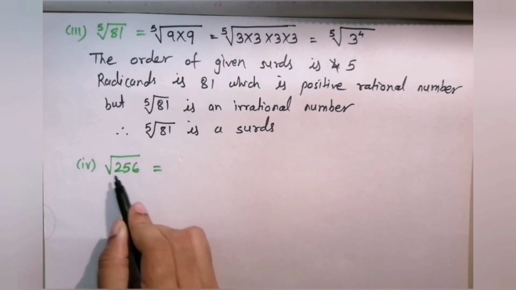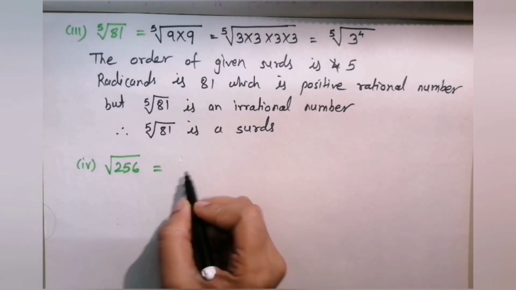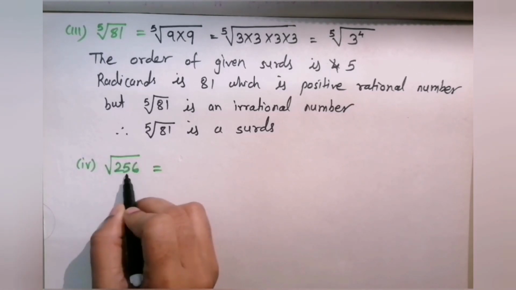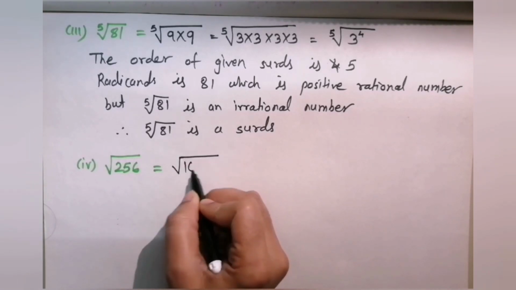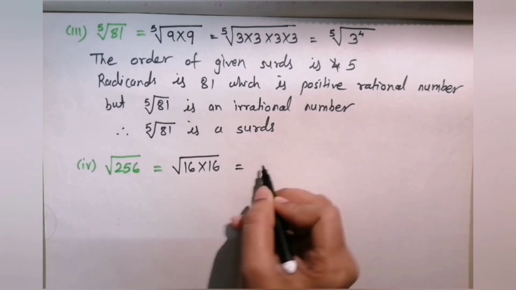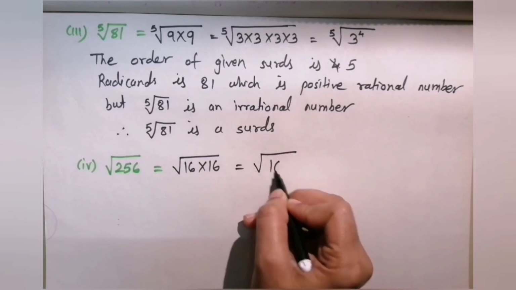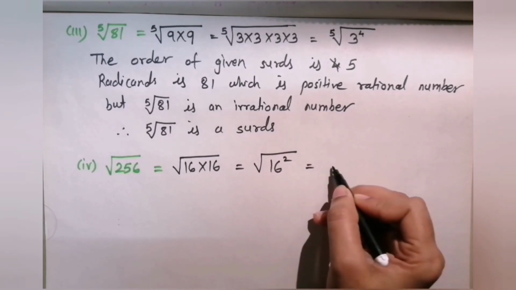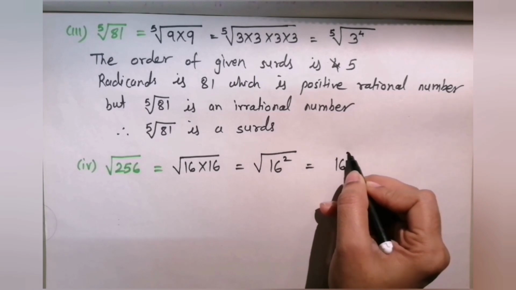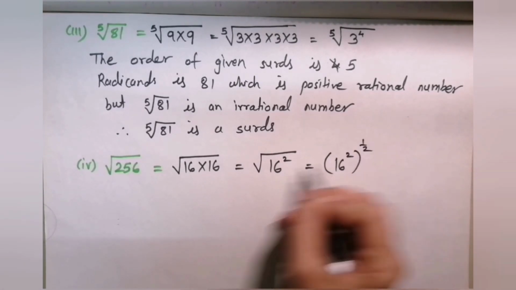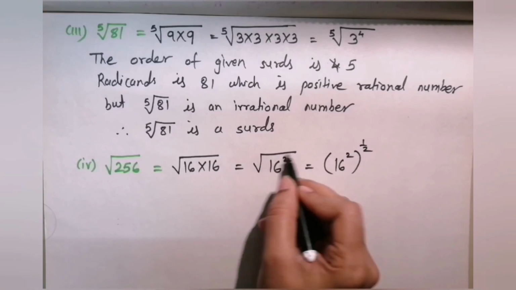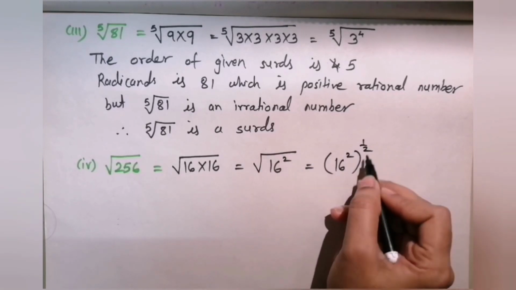Look at the next example. Square root of 256. Now, what is the square root of 256? It's 16. Yes. So, students, write down here 16 multiply 16. Now, what is the next step? This is 16 squared. Now, the next one is 16 raised to 2, and the whole raised to half, because I just converted the square root to half, right?